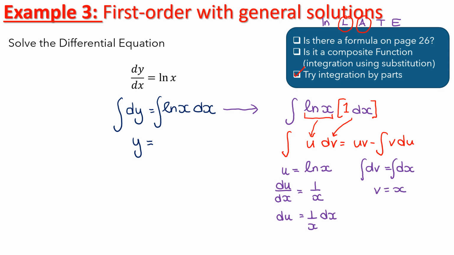So then if we want to actually integrate that, we have u times v, which is ln x times x, minus the integral of v times du, so that's x times 1 over x dx. They simplify to simply 1.